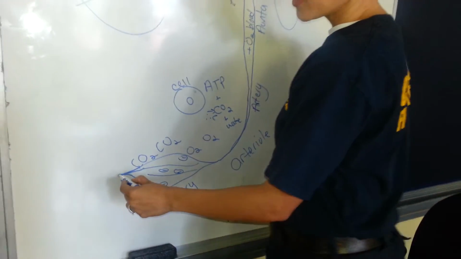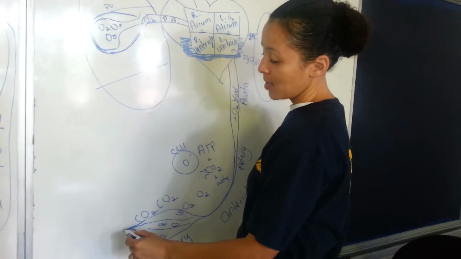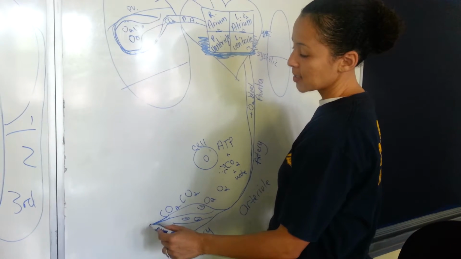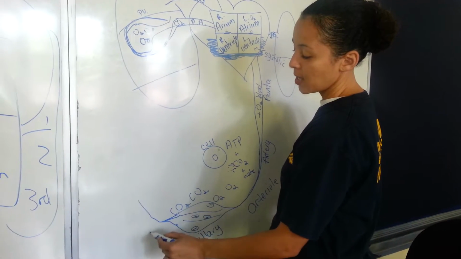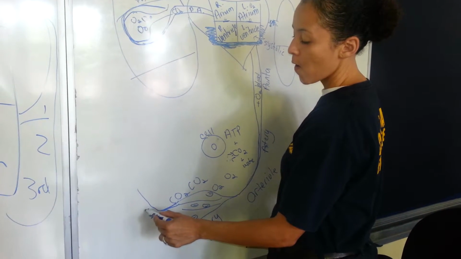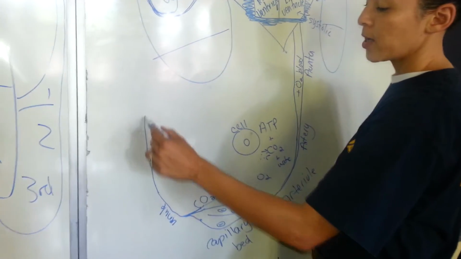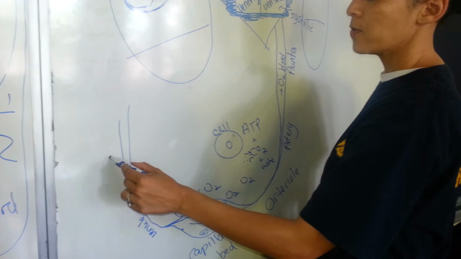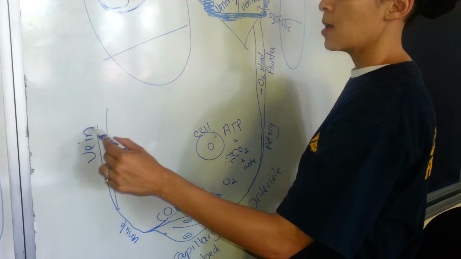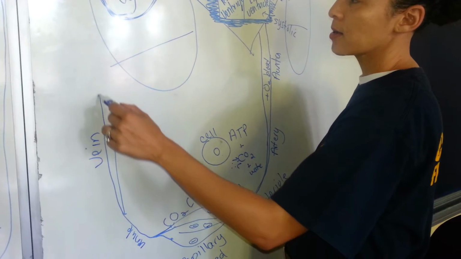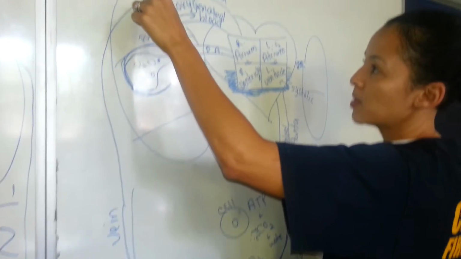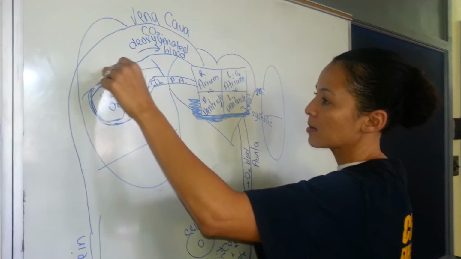And the only vessel or only highway that is going to take it back to the heart is a vein or venule. All these come to meet. Then it gets bigger, which now is called a vein. Then as it gets bigger, it hooks up with this big vena cava we just made.